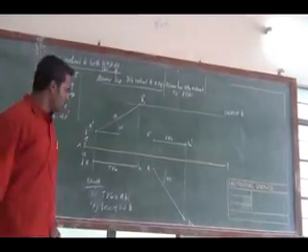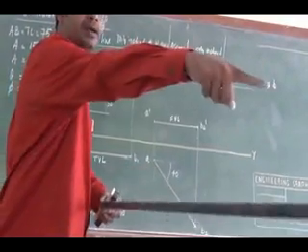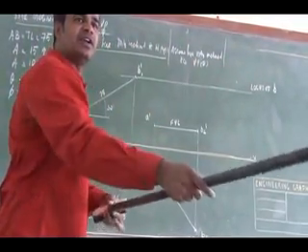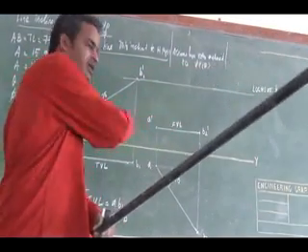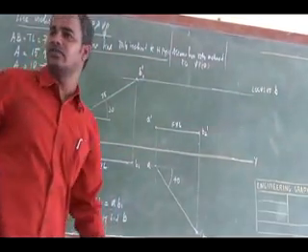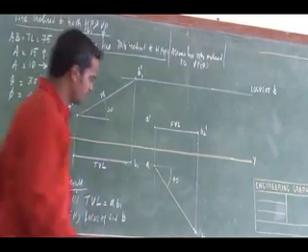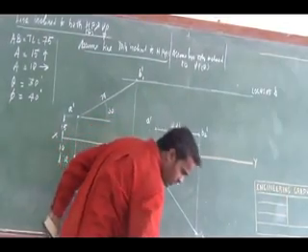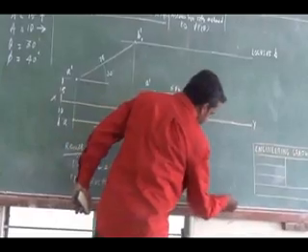Similarly, the other end B, whatever distance it is in front of the vertical plane, even if I tilt it, it will have the same in-front-of distance. That is nothing but the locus of the end B.